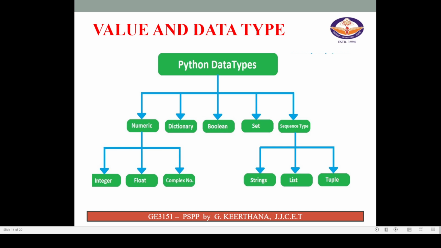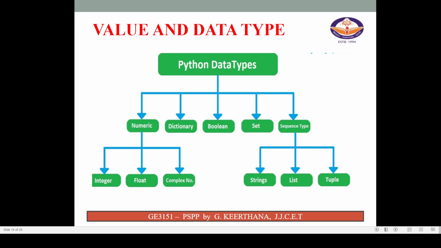List is used to hold an ordered collection of values that can be any data type including string, integer, float and other list. Example: [1, 2, 3]. Tuple. Tuple is used to hold an ordered immutable collection of values that can be of any data type. Example: (1, 2, 3).